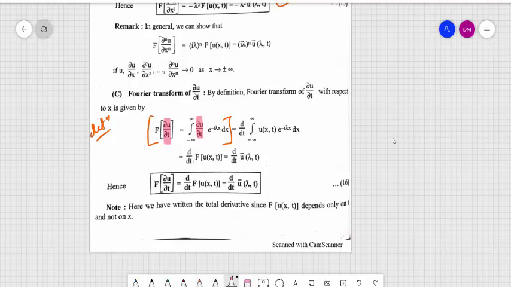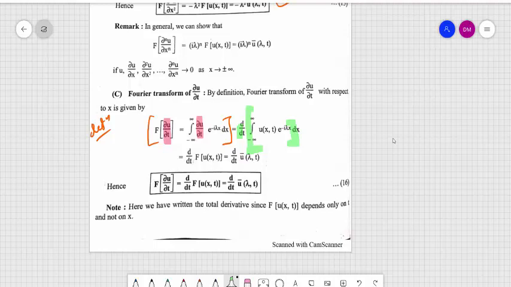So whenever this function depends only on x, this integration we can remove outside, and even though we differentiate this whole integration with respect to t, it will not affect. That's why we remove d/dt. This is very important. Note this. I hope you understand this one. Feel free to ask if you have any doubt regarding this.